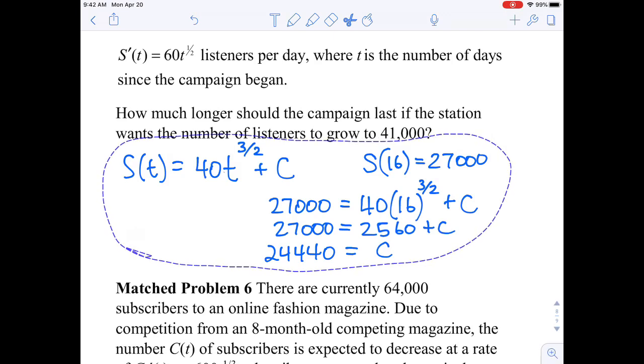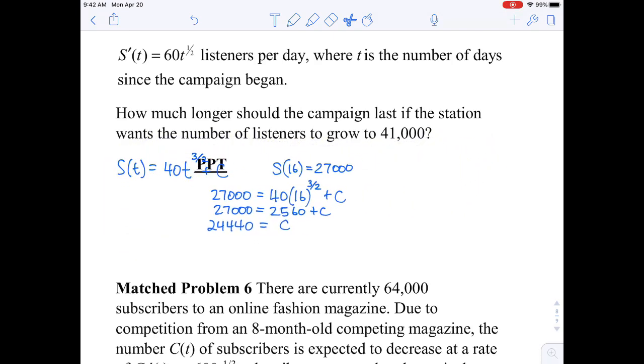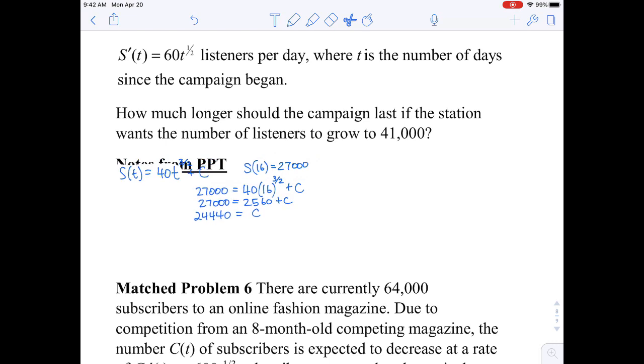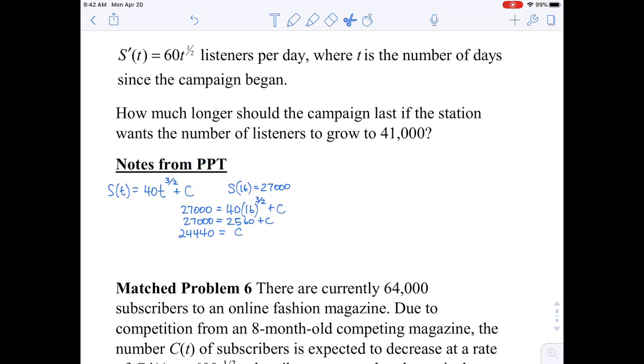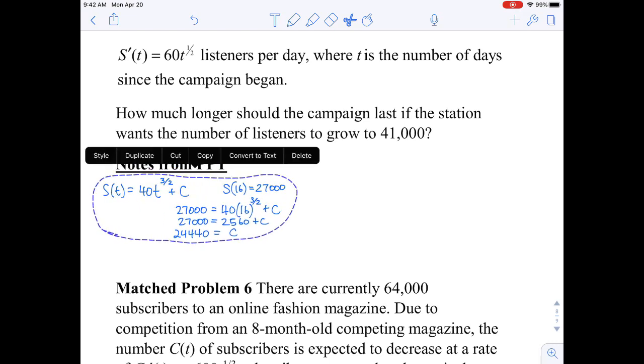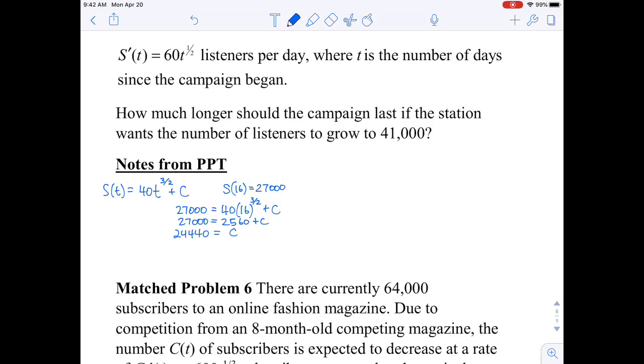Okay, so now my function, I'm going to shrink this. We know that S of t equals 40t to the 3/2 plus 24,440.